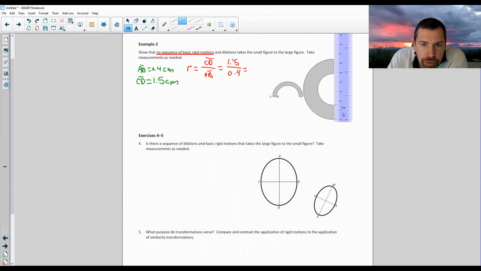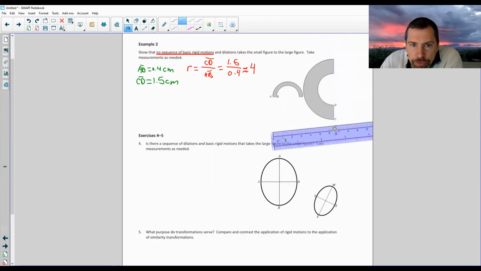And 4 goes into 16. If this was 1.6, it may be, but just because this is not so accurate, 4 times 4 is 16. So R would be about 4, our scale factor. Okay, so now we need to measure something else. We have a scale factor that takes AB to CD, a scale factor of 4.